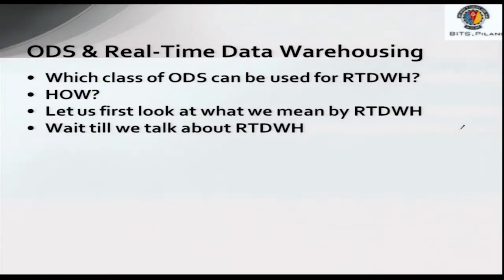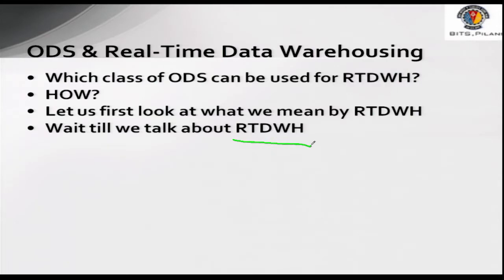So ODS and real-time data warehousing have a very close connection. As I told you, class 1 ODS is typically used in real-time data warehousing because of its low latency and the low levels of transformations that are carried out. So that I've explained already.